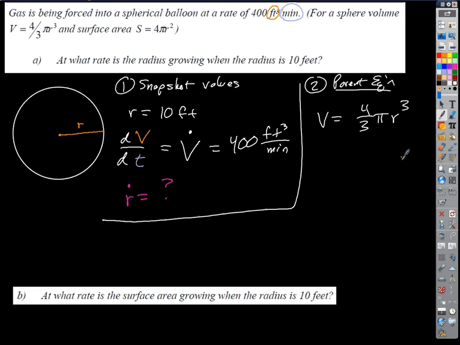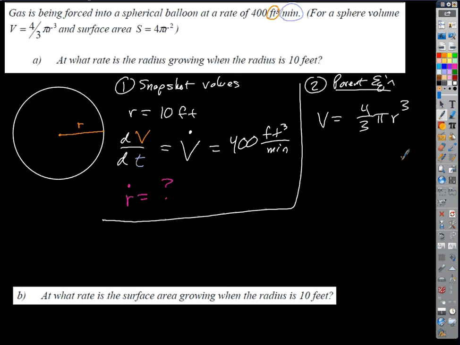Now we get to calculus. What do you think the next step's going to be? Here's where we're going to differentiate. Well, I'm going to differentiate all this stuff, but when I take a derivative, I have to differentiate with respect to something. With respect to t.